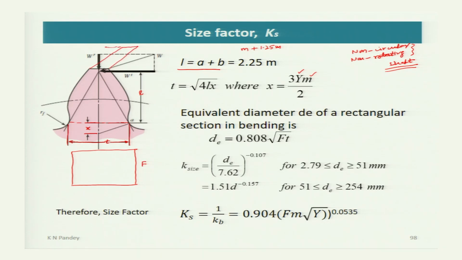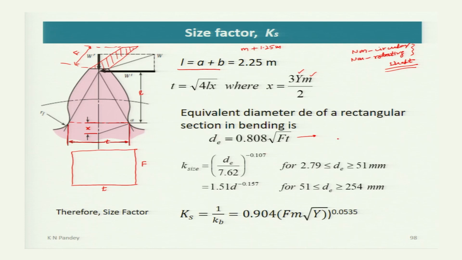This one is the top land, as we studied. So, it is a rectangular section with F and T, and this is under bending. Well, so the D equivalent is equal to 0.808 under root FT.